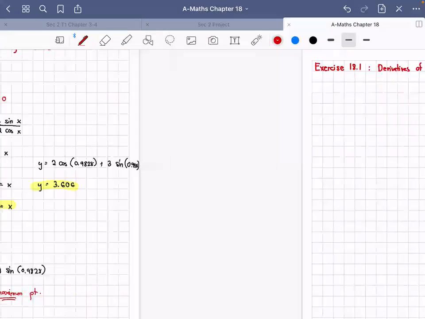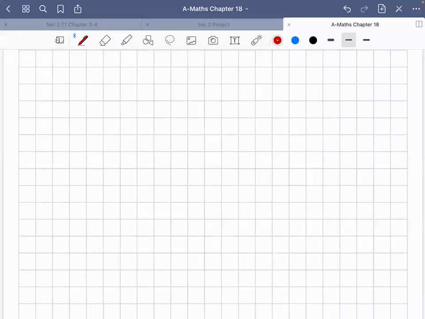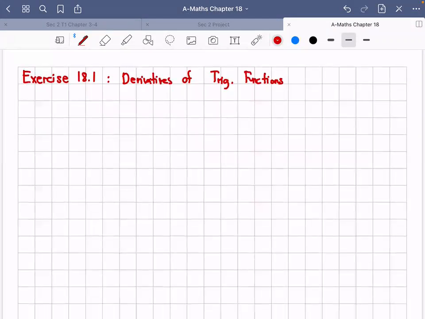I just want to explain one more question before I dive into the tangent and normal of a curve question. Number 7 on page 404. I just want to explain this one.